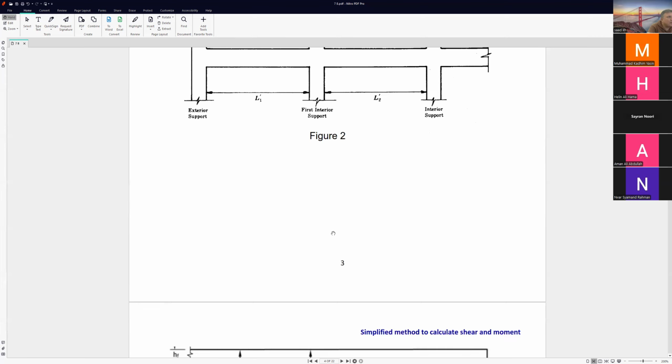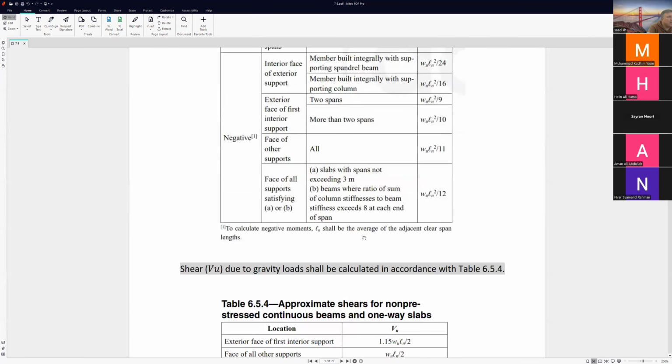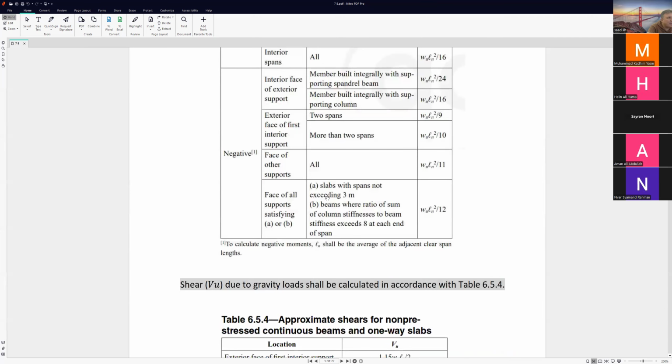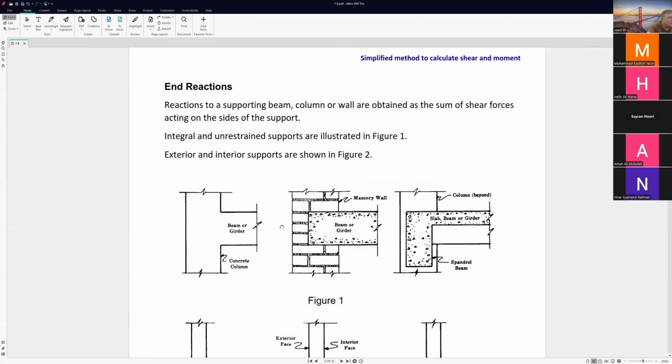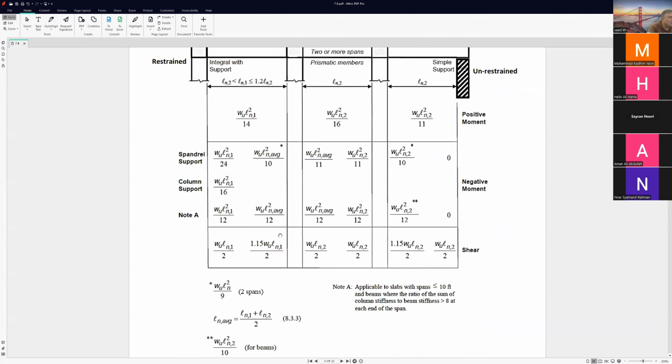But here, if we have the node A, slabs with span not exceeding 3 meters, and the beam where the ratio of the sum of column stiffness to beam stiffness exceeds 8 at each end span, then this is WL squared over 12. This case, WL squared over 12.